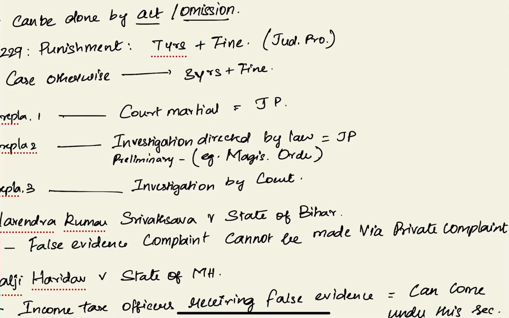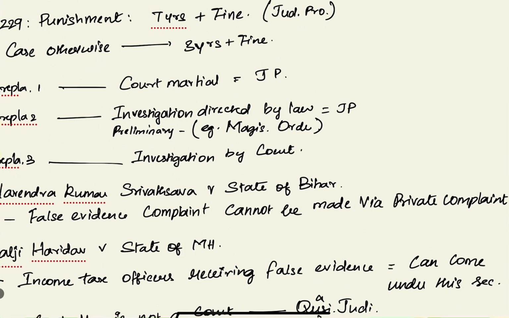The term judicial proceedings also includes court martial proceedings, and explanation 2 deals with the fact that it is not just pure judicial proceedings. It may also include any investigation ordered by a magistrate or a preliminary investigation, which could also be construed as judicial proceedings, and the same shall be covered under this section.